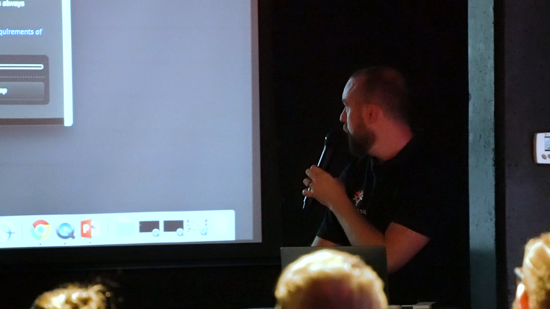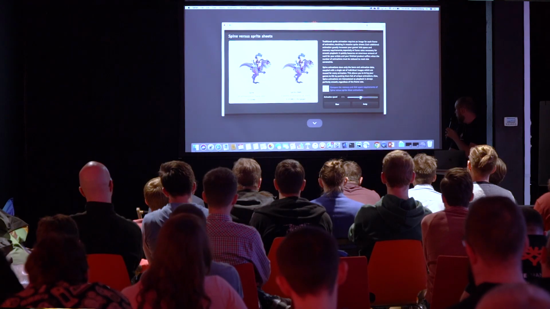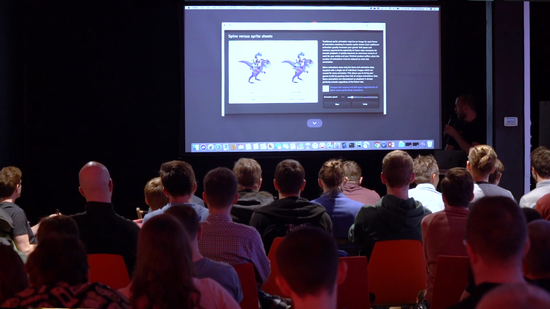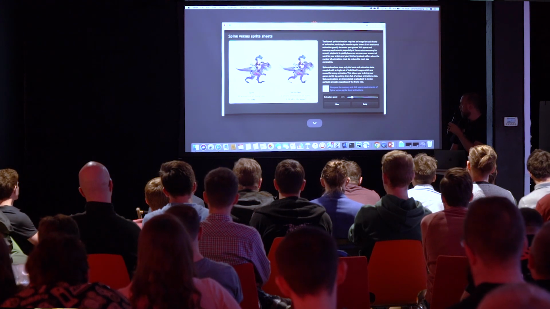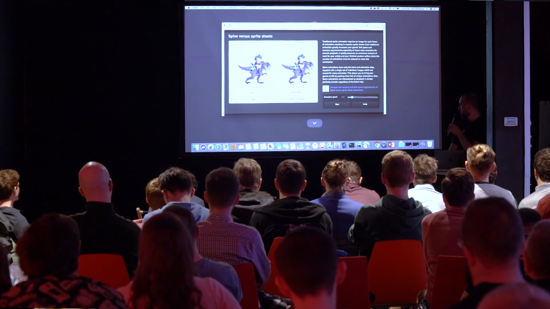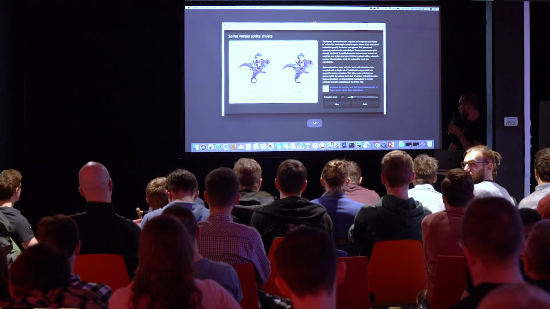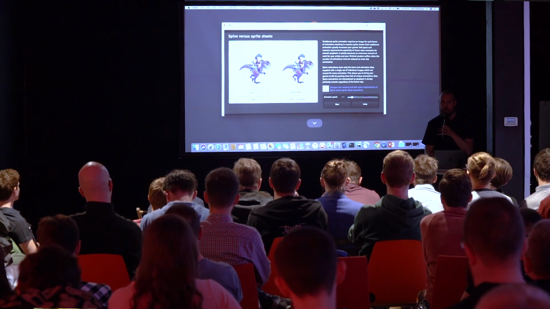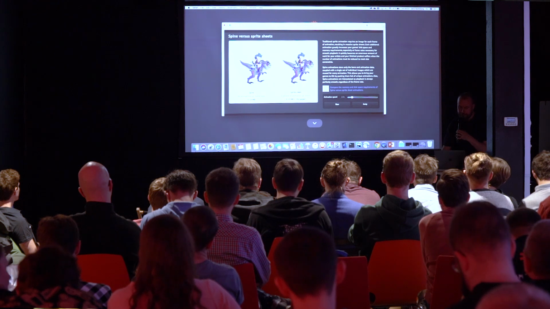And if I can do this, I slow the animation down a bit. You can see that the Spine animation is still very smooth, but the sequence animation is a bit choppy. This is because the Spine animation is interpolating between the different keyframes.